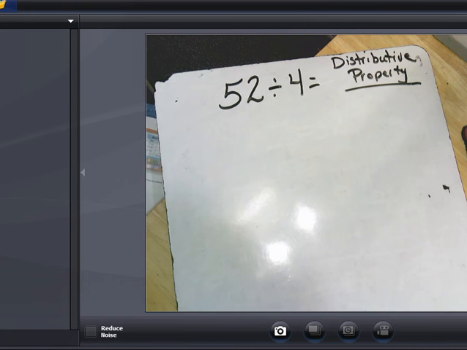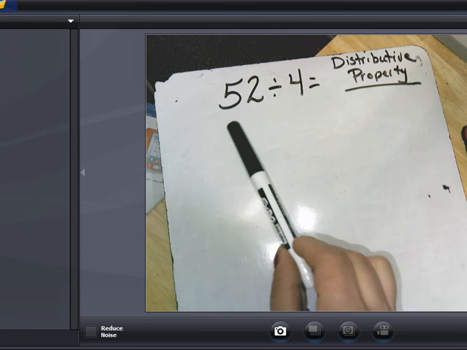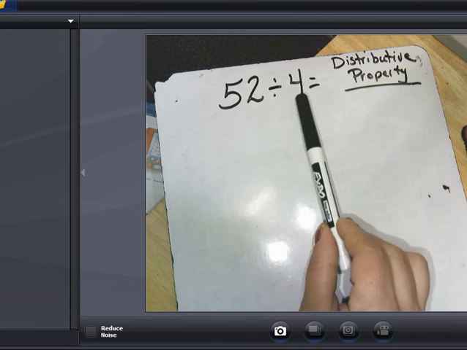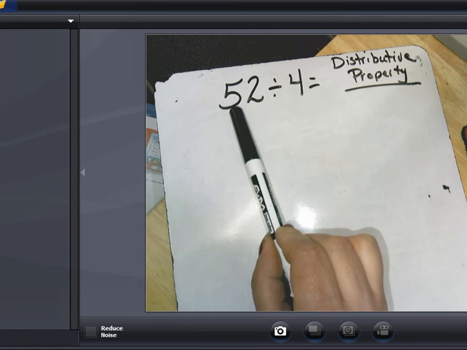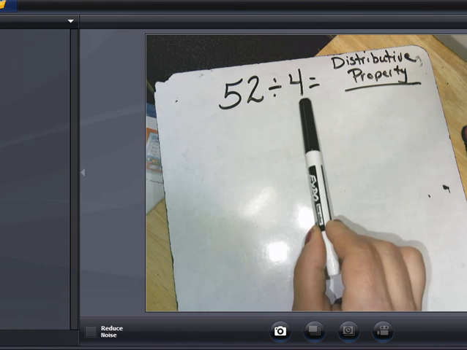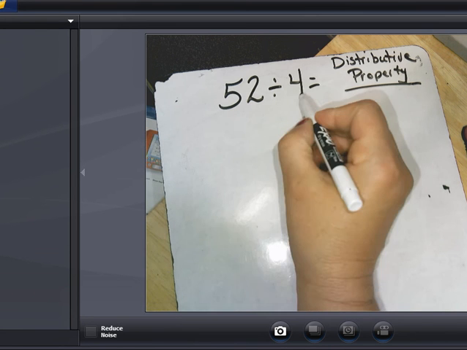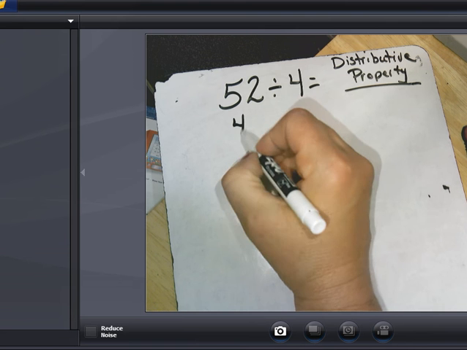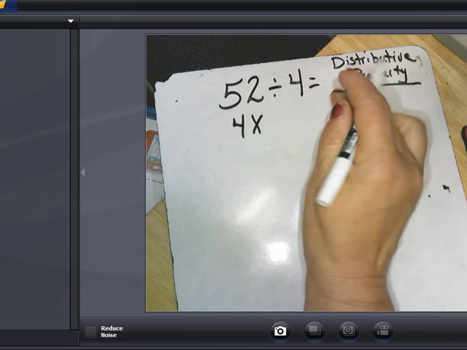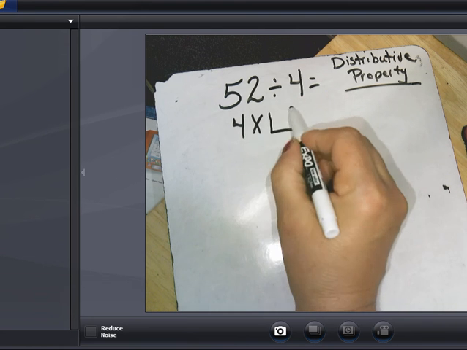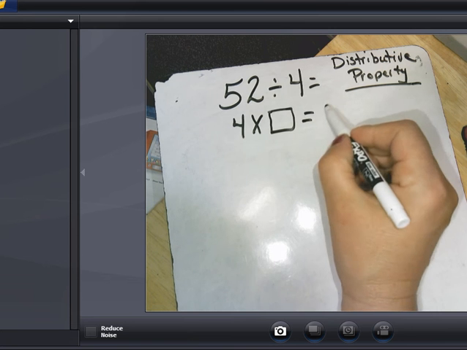So let's move on and do a different division problem. 52 divided by 4. Here is my dividend. Here's my divisor. We are going to think the inverse operation, so we're going to think multiplication. So I'm going to take what I have, my 4, and times it by my quotient, I don't know what that is, equals my dividend.